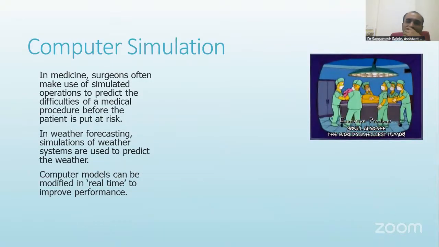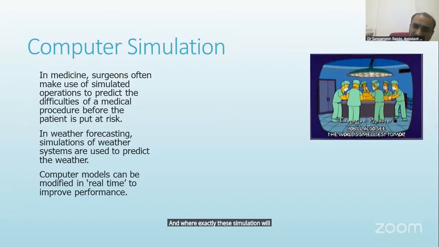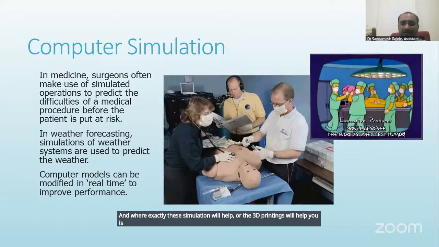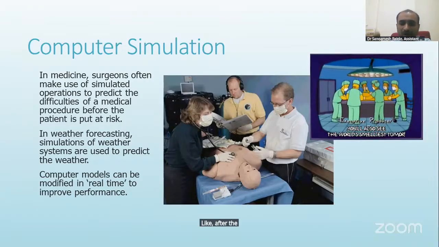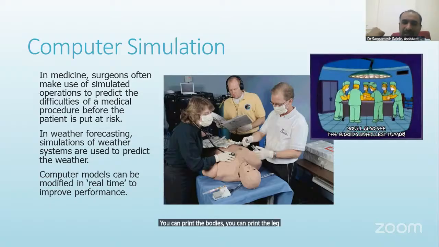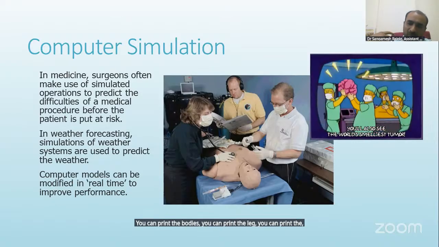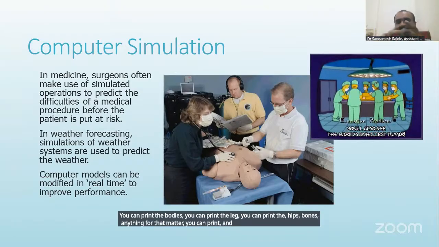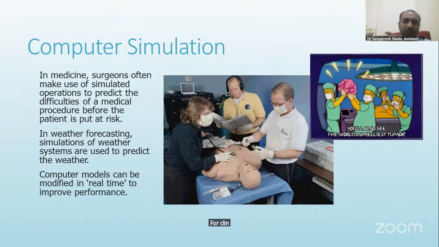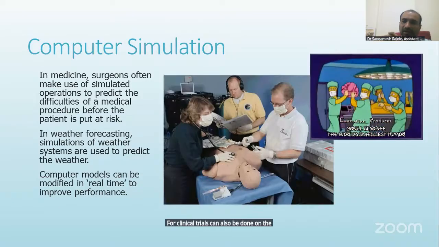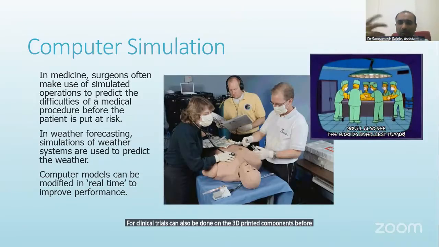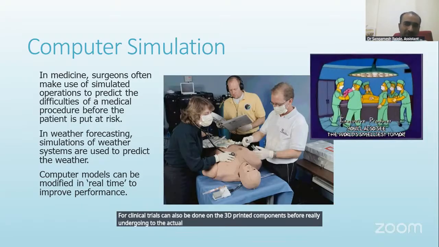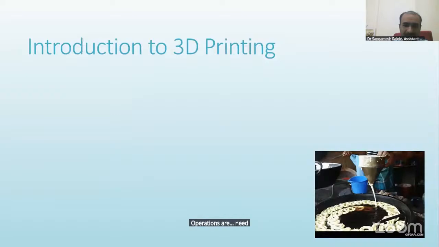And where exactly these simulations or the 3D printing will help is that you can print the bodies, the leg, the hips, bones, anything for that matter. Clinical trials can also be done on the 3D printed components before really undergoing the actual operations that need to be done.